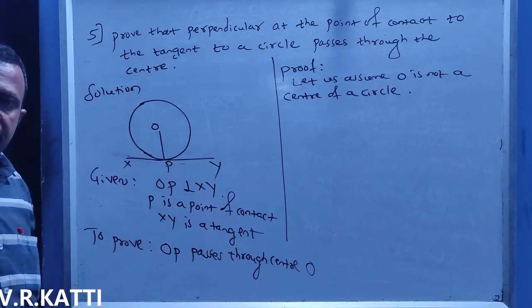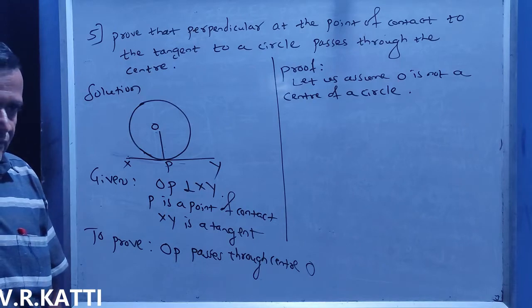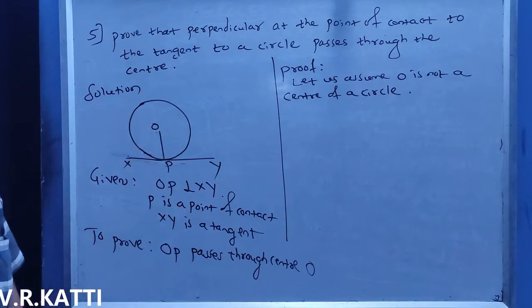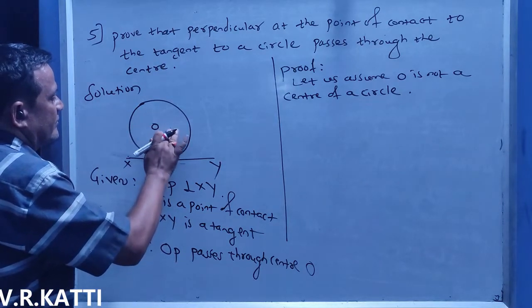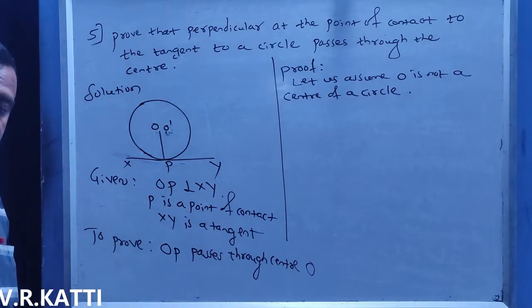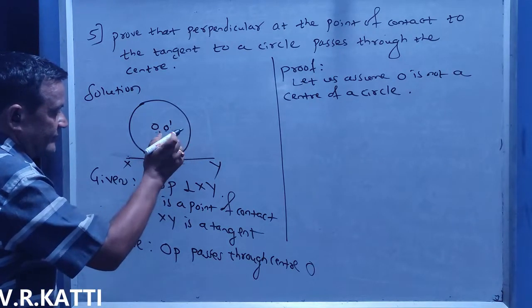take O dash. Let O dash be a center of the circle. Mark another point, that is O dash. Mark O dash and join O dash P with a dotted line.